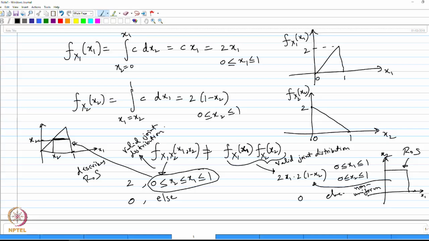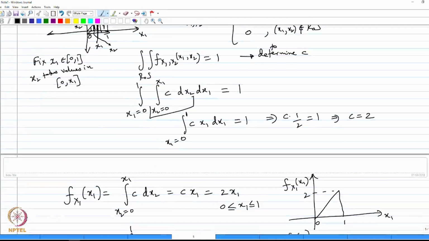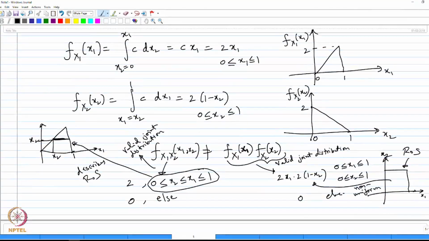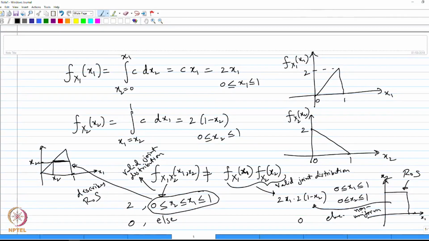You can calculate the marginal for both, same marginal, but the joint distribution is different. This is a very nice example to look at how this can happen. You can also check the expected value of x1 x2. Let's do that calculation next. It's an interesting calculation also. It will be different from the expected value of x1 times the expected value of x2.